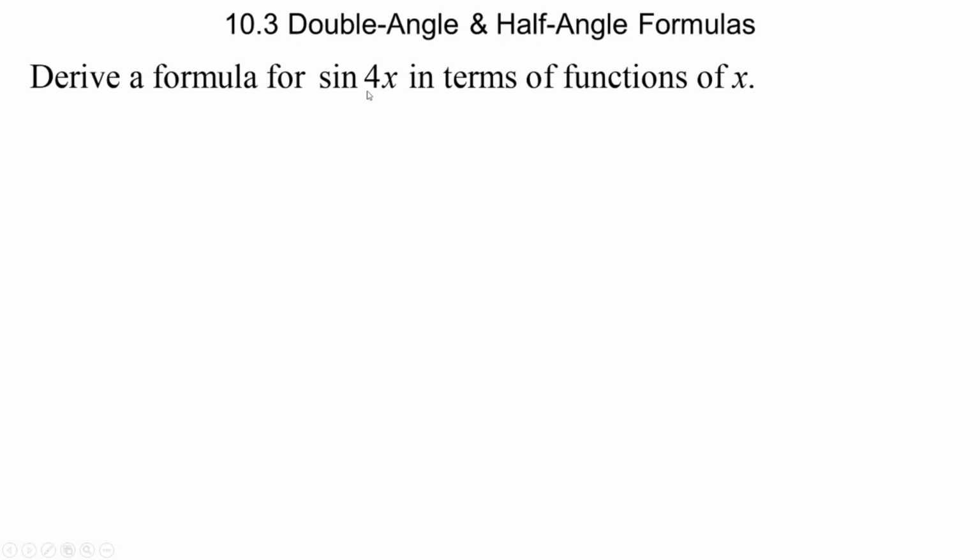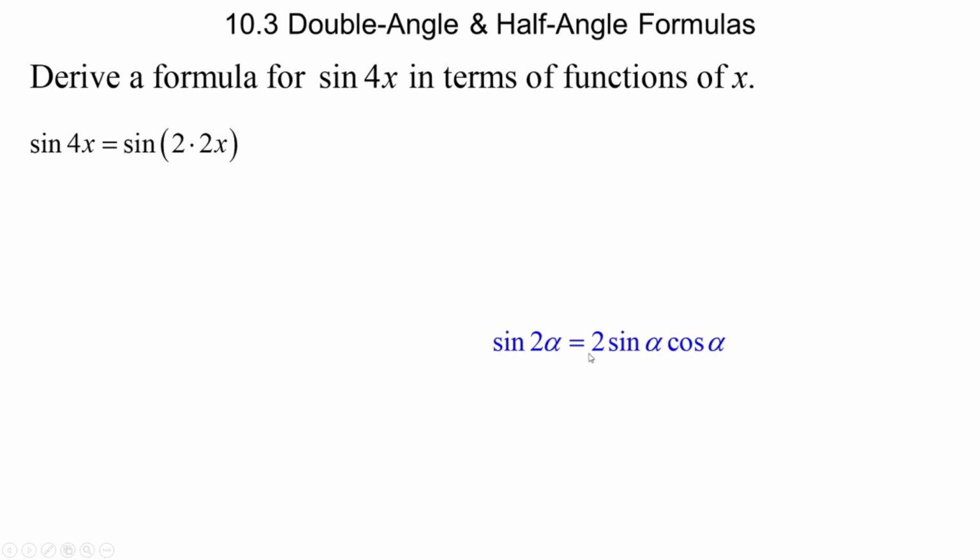So sine of 4x, could we think of that as sine of 2 times 2x? Look, another double angle. That's 2 times the angle 2x. So now let's use our identity here. And sine of 2 alpha, let's review it. Now isn't that going to be 2 sine of alpha cosine of alpha?